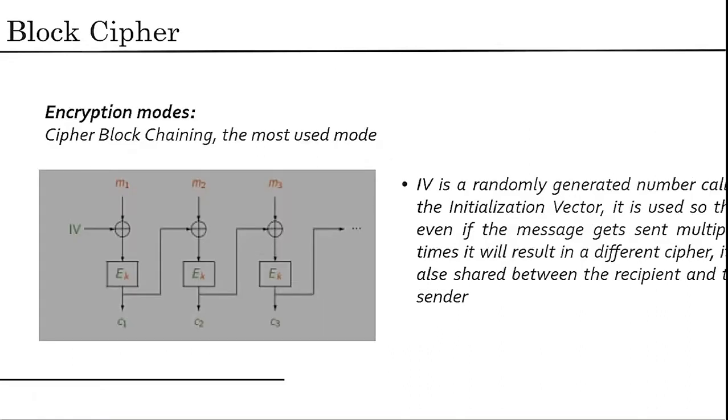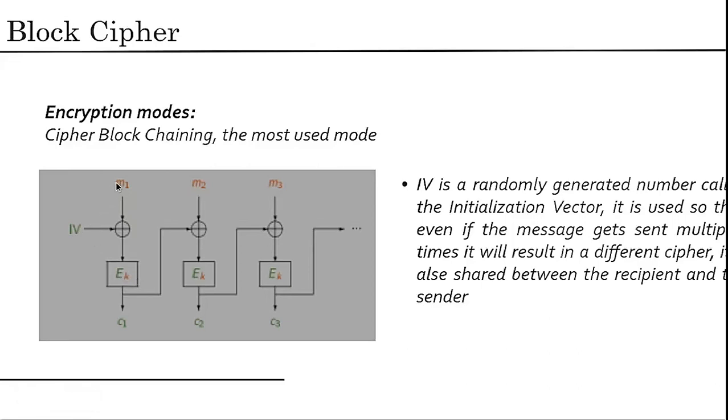The second mode of operation, and the most used mode, is called cipher block chaining, or CBC for short. We first start by randomly generating a number called the initialization vector, IV. This initialization vector is used so that if we need to resend the message M a second time, it will produce a different cipher. IV and K are the shared secrets between the sender and the recipient.